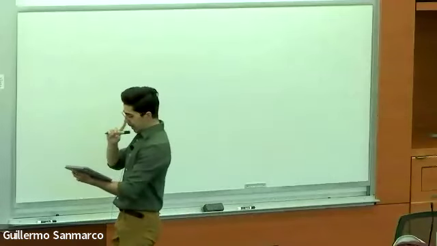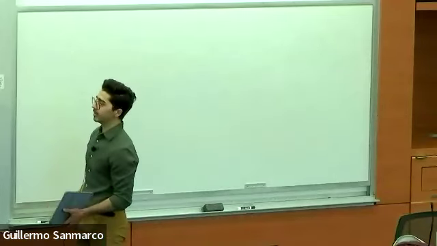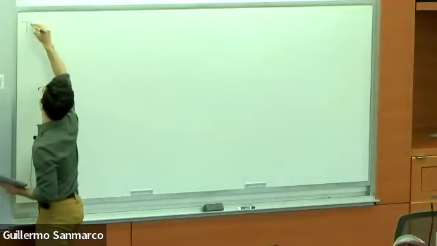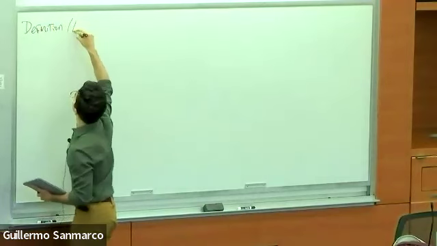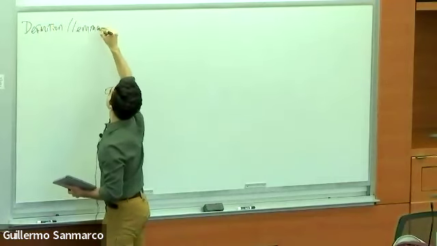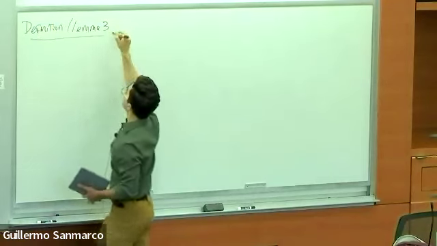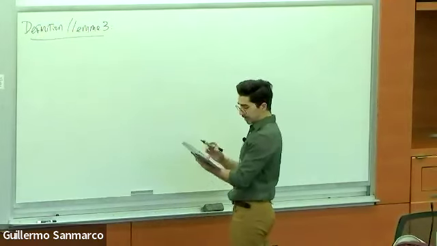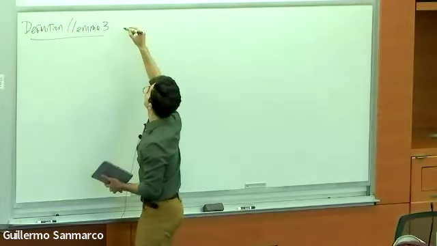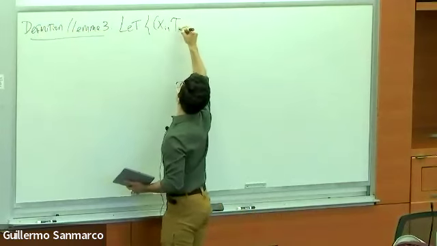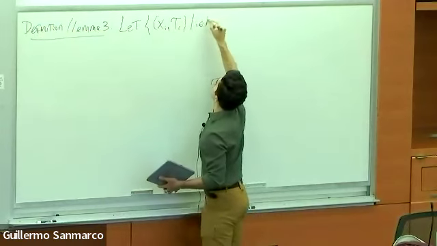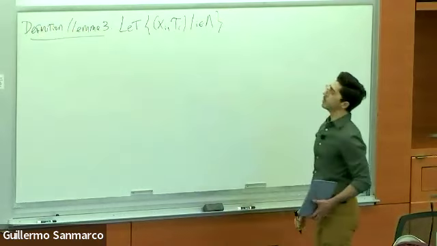Okay, so now with this in mind, let's define something else. So this is going to be definition / lemma, because I want to define something and claim it's something. So the lemma here is, let's take a collection of topological spaces (Xi, Ti), where i is an arbitrary element in an index set.